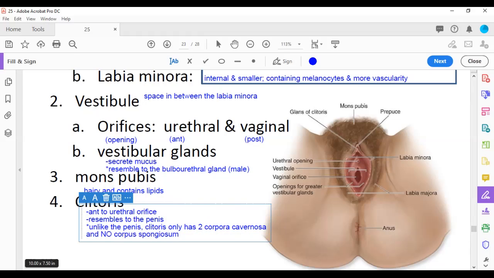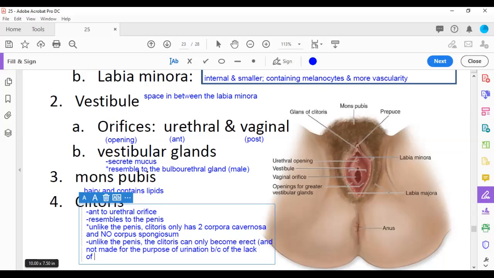For that reason, unlike the penis, the clitoris can only become erect and is not made for the purpose of urination, because of the lack of corpus spongiosum along with the urethra.